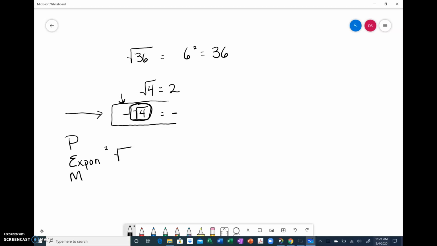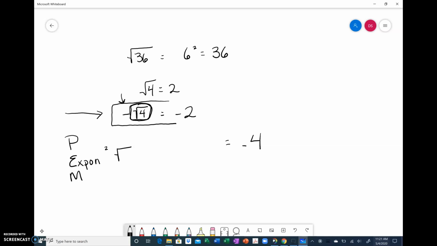Now, we did this a little bit before with square numbers, so you might have seen a problem with a negative sign in front. You would have to square the number and then apply the negative sign. The same thing is happening in this negative square root of 4. First, I find the square root of 4. That's 2. Then I apply the negative sign. Okay?